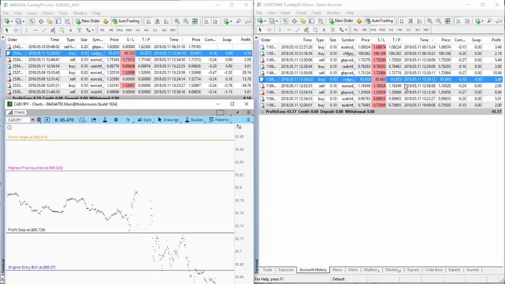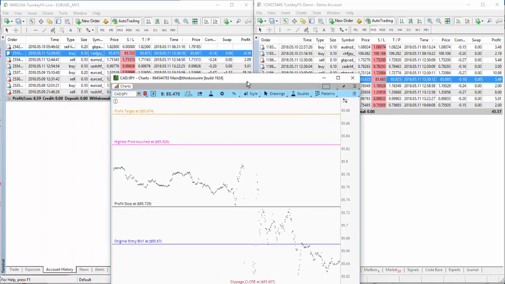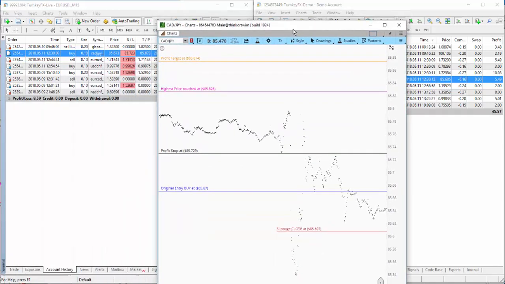It just gives you whatever number you have asked for. And I've tried to explain that before, but this is a perfect example of how slippage will affect a live account and does not affect a demo account. So anyway, I just wanted to share that with you because I thought it was kind of interesting.